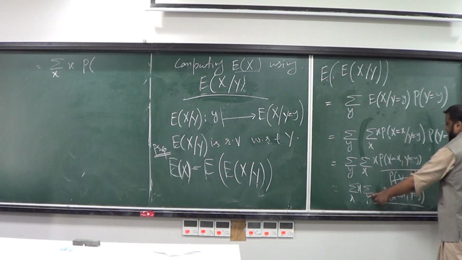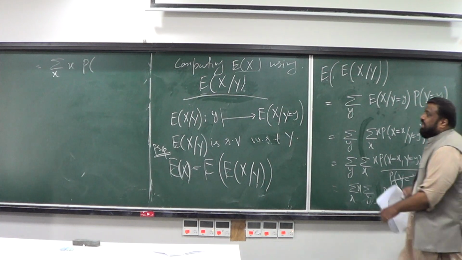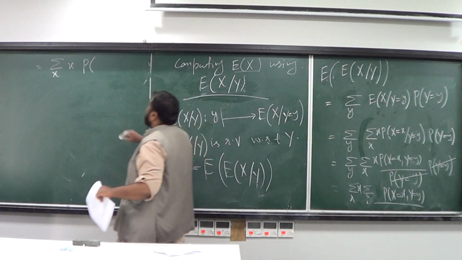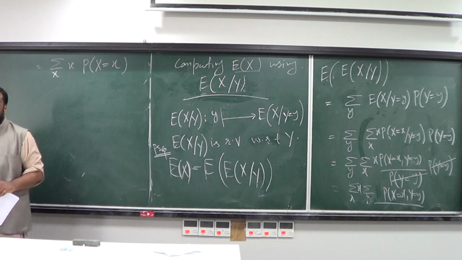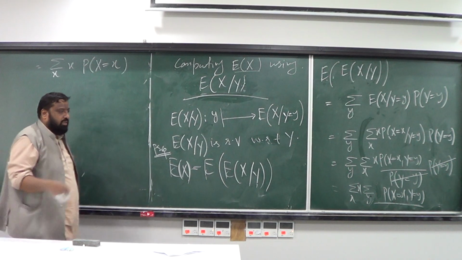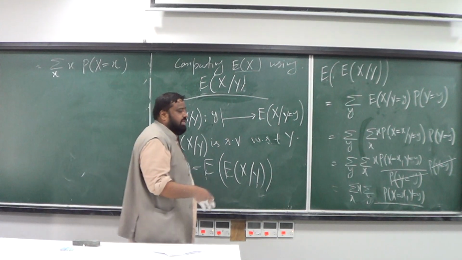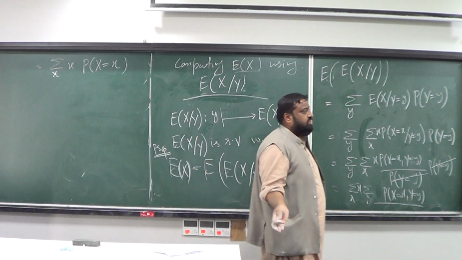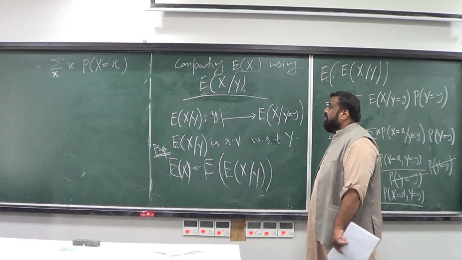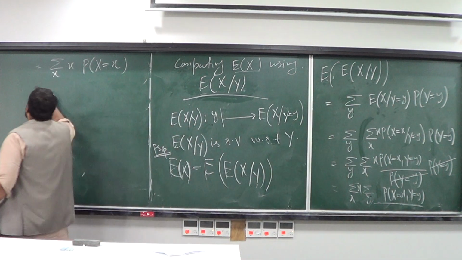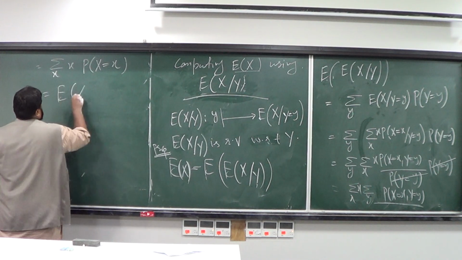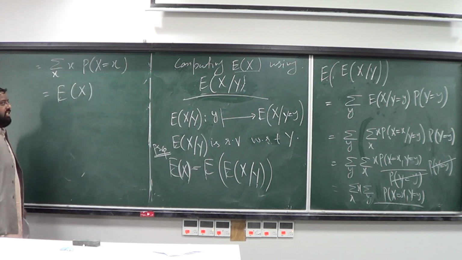So I can put this sum in the form of a single probability, which is the probability that x is x. Because if you want to compute the probability that x is x, this is the same as saying that y can take any value. So what would be this sum of x times the probability of x? This is precisely the definition of the expectation of x.